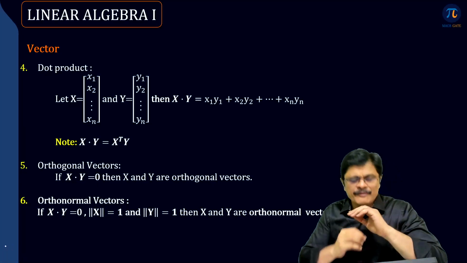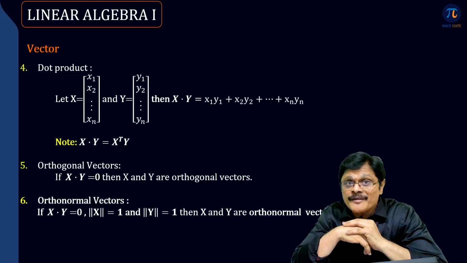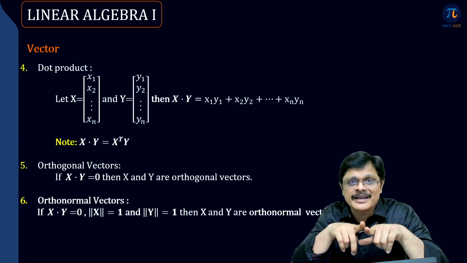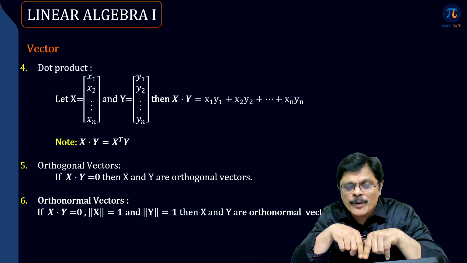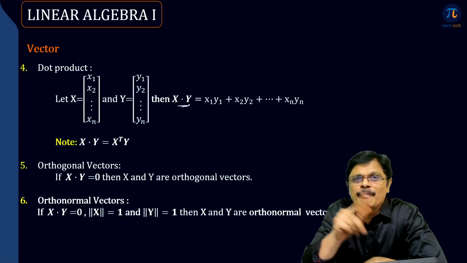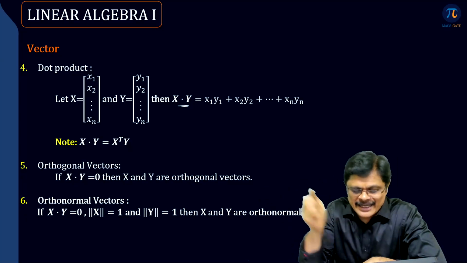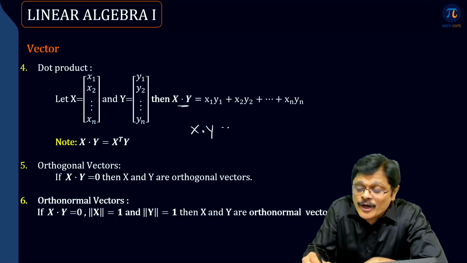Next, for vectors, we can also find the dot product. It is not the product of the vectors, because you cannot find the product of two column vectors. It is the dot product. How is the dot product defined, my dear friends? The dot product of the vectors x and y is defined by multiplying the corresponding components, and that is the dot product. You can also get the dot product in terms of a matrix product.